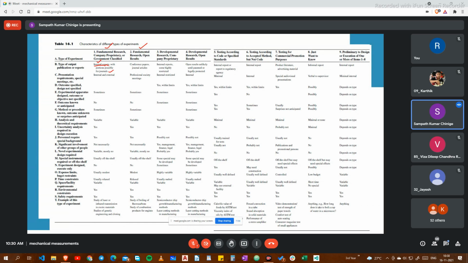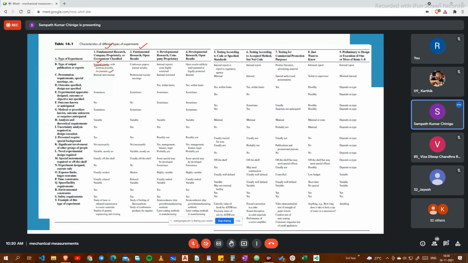The results that we get are highly confidential and cannot be given out. So such research, which requires expertise and whose outputs are not allowed to be published outside, only for internal reports, is classified as company proprietary or government classified.